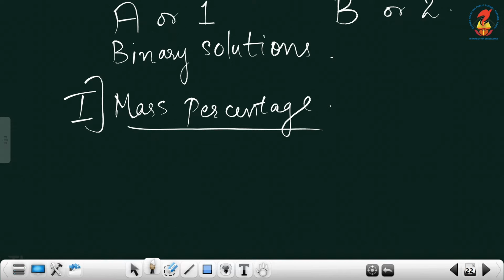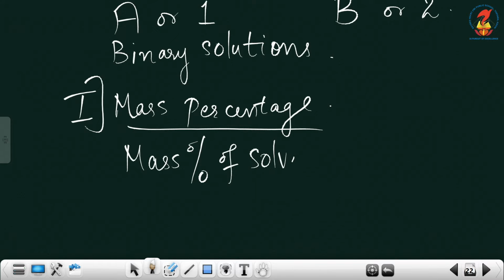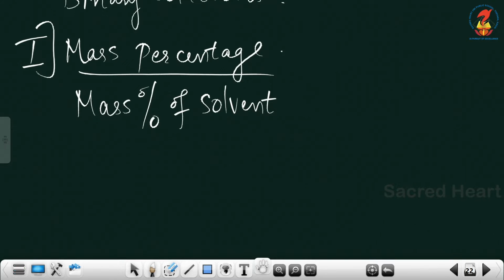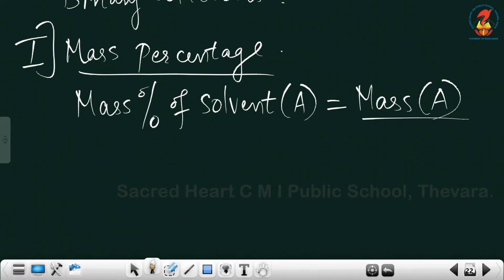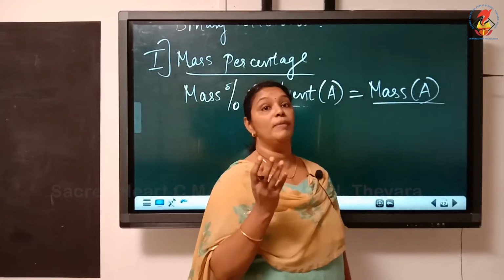Now, if you write the expression for mass percentage, suppose you are writing the expression for mass percentage of solvent. Mass percentage of solvent, solvent is denoted by capital A, is equal to mass of solvent A divided by total mass of solution.